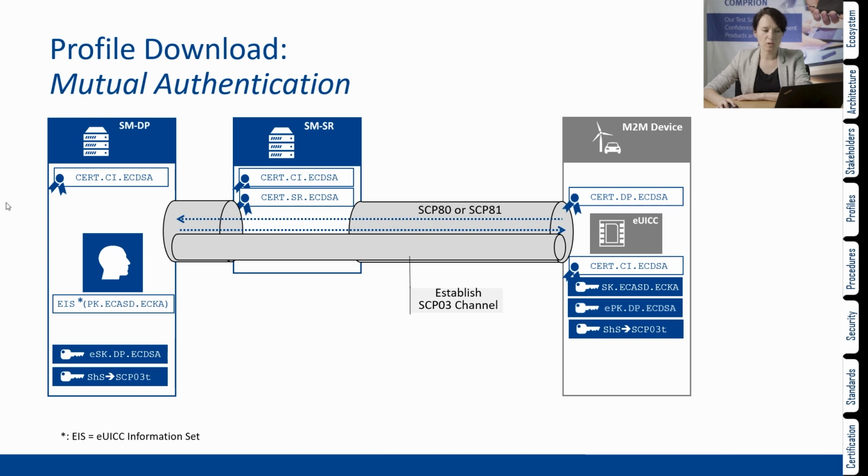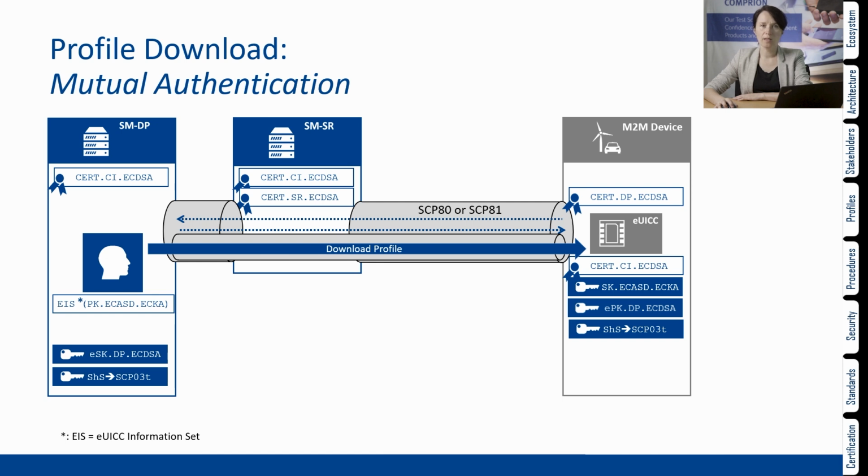What is happening on the server side is that the secret key is used together with the public key of the EUICC to derive the shared secret. Since it will be the same shared secret, the same keys will be derived using the key derivation function. And then with this SCP-03T protocol and this new secure channel established, the SMDP can encrypt this profile and the download profile process can start.